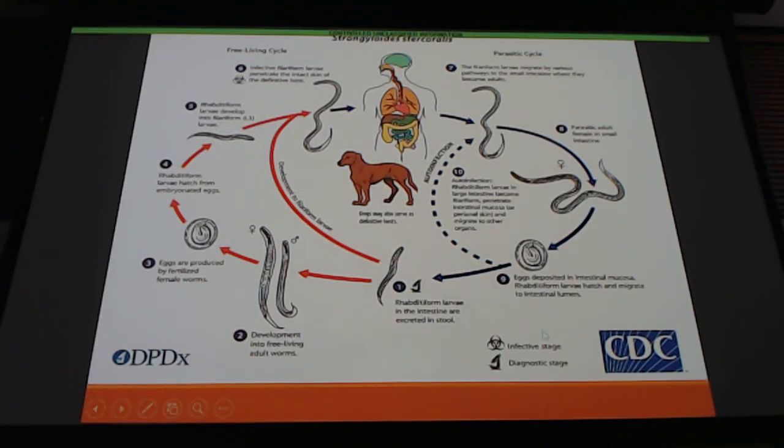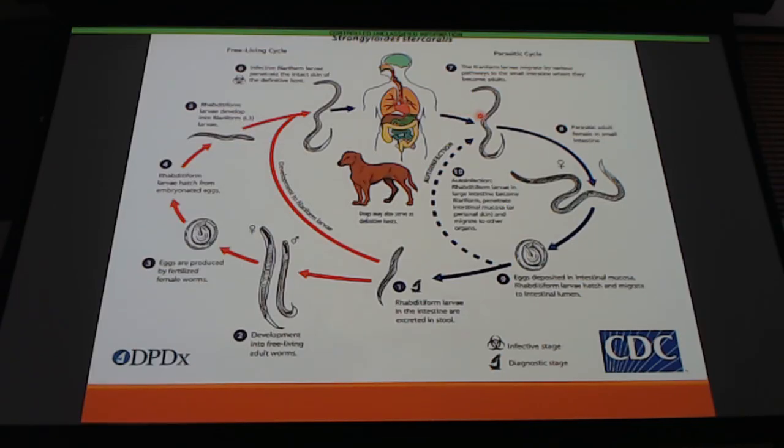Here's your life cycle. Here's the worm. Going this way is natural; this is all natural, outside in the environment. And then this is if it's already developed and we walk in. Here it's telling you that dogs may also serve as definitive hosts.